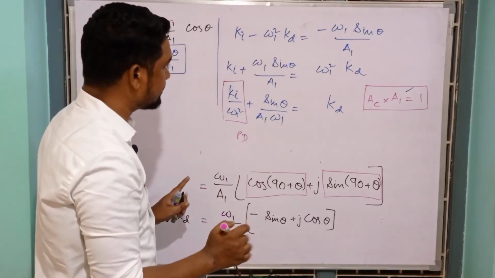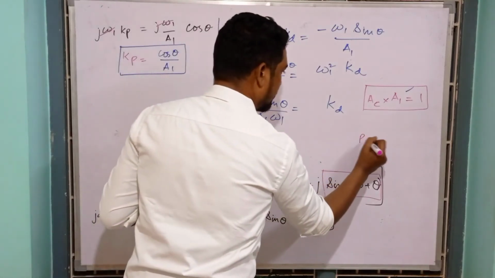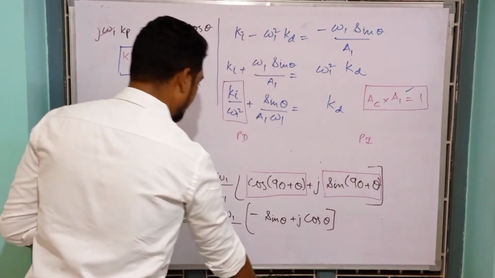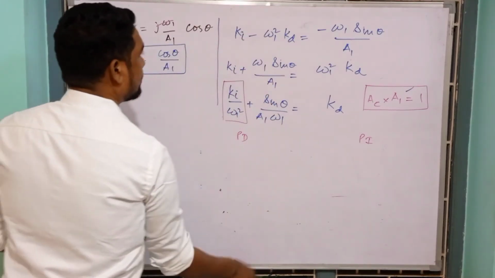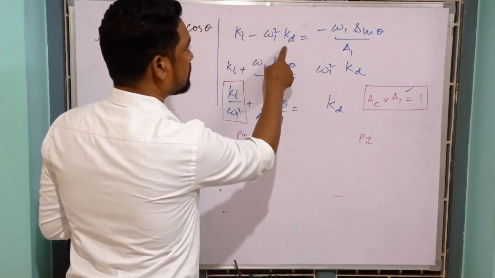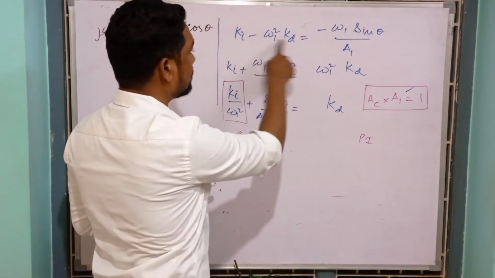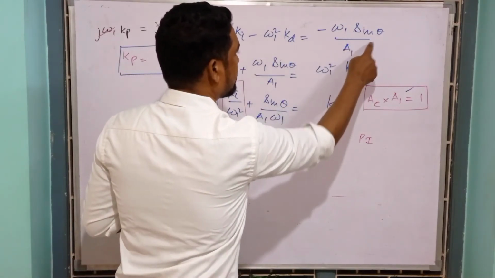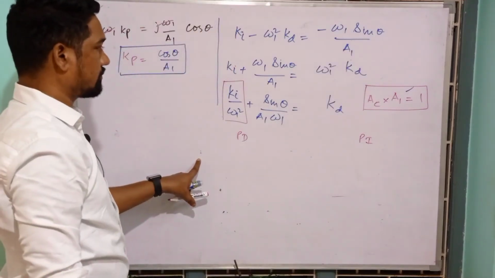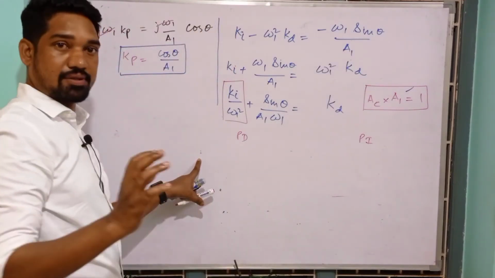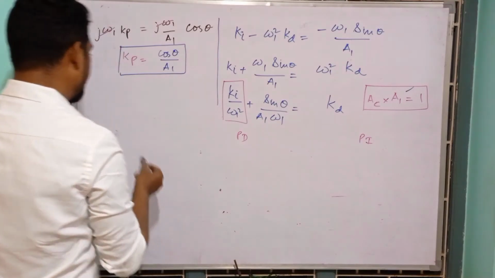And on the other hand, if it's a PI controller, without the derivative, in this expression kd is assumed to be 0. ki equal to minus of omega 1 by a1 into sin theta, right? And like that.